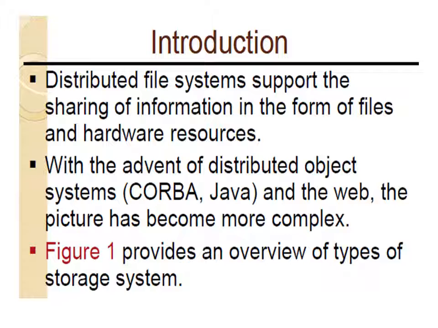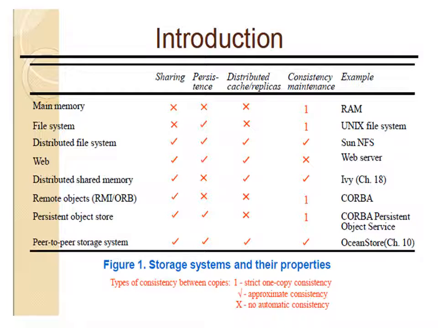Figure 1 provides an overview of types of storage system. These are the types of storage system: main memory, file system, distributed file system, web, where we can also store information, distributed shared memory, and remote objects.